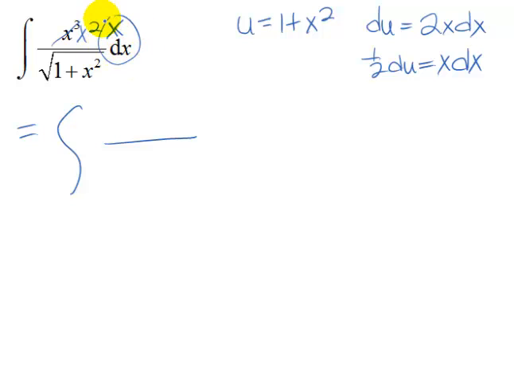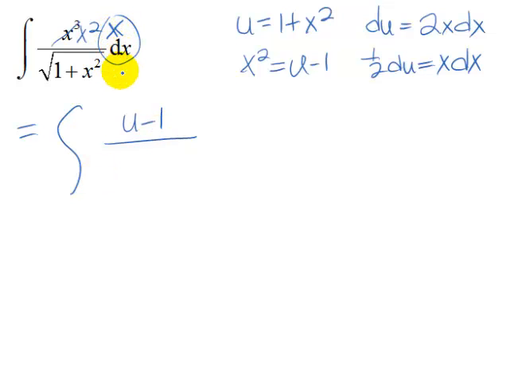That way I'd have my x dx that I need for my du, but I'm going to need to substitute something in terms of u for this x squared. Well, here's my connection between x and u. I could solve this for x squared, and then x squared would be u minus 1. So I can replace this x squared with u minus 1.